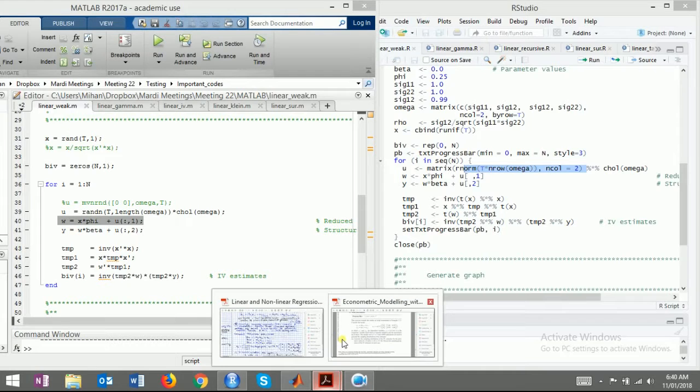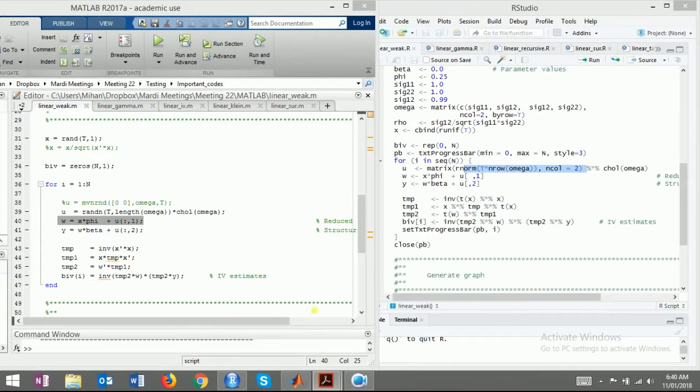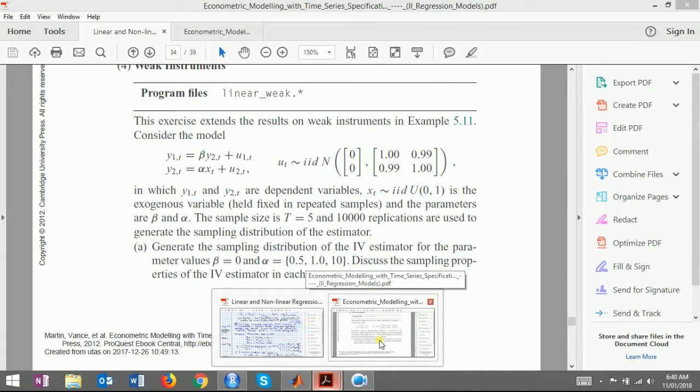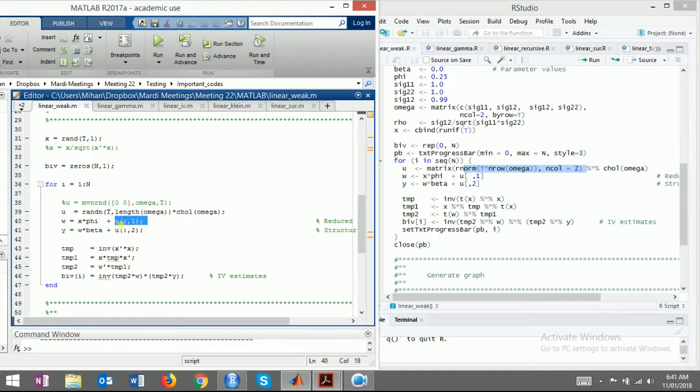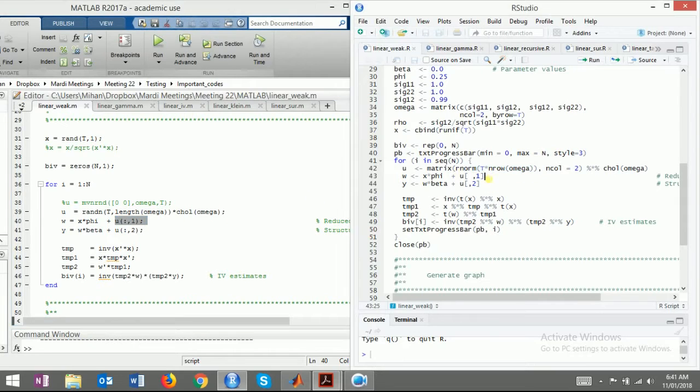Then y equals W beta plus u, where beta comes in the first equation. Because y2 goes into y1, and y1 doesn't go into y2, W goes into y. So x phi plus u uses the first column of all the generated u, and W beta uses the second column, taking all rows automatically.